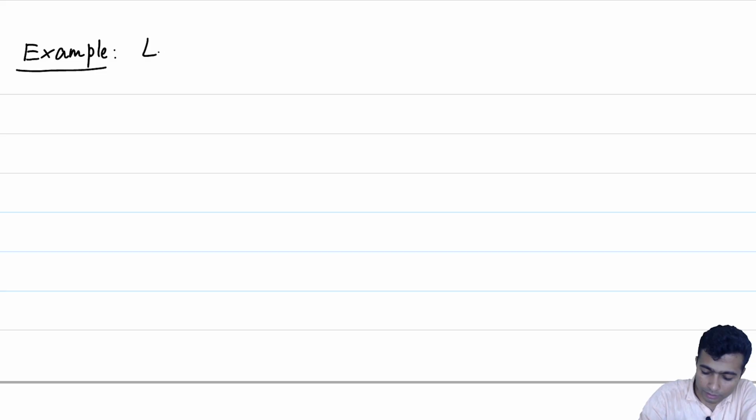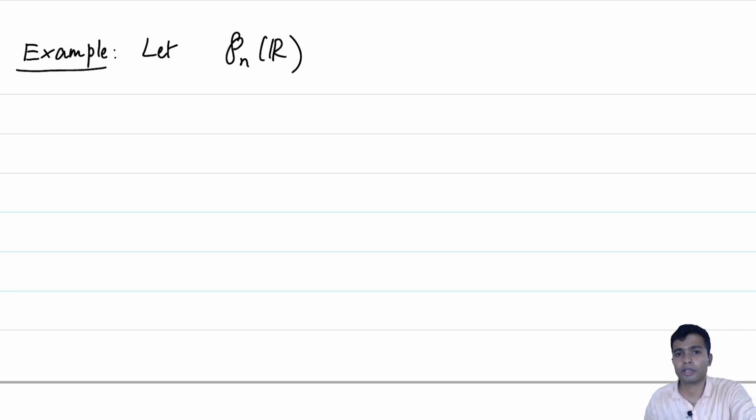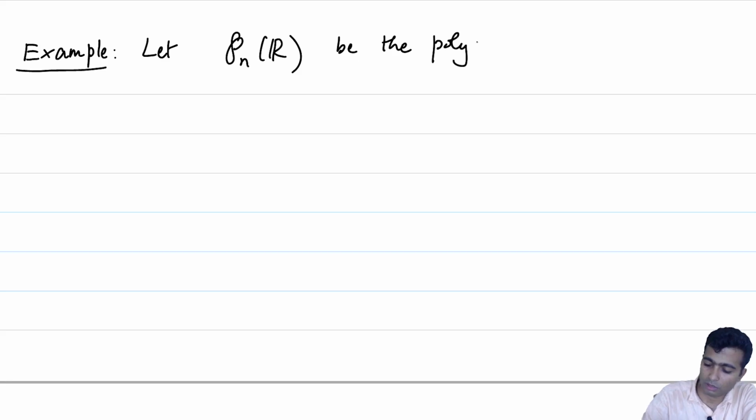So let Pn of R be the polynomial ring of degree less than or equal to n with coefficients in R. Be the polynomial vector space of degree less than or equal to n.